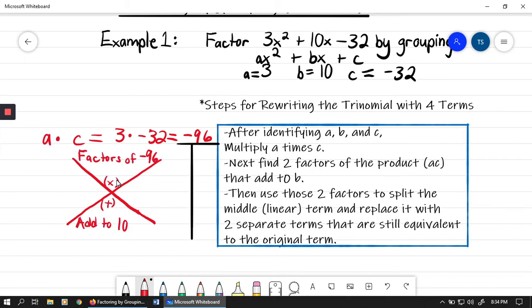So when we look at factors of negative 96, as of right now, I'm just going to write the absolute value of the numbers, and we'll consider the signs after we have the numbers written. 1 times 96, 2 times 48, 3 times 32, 4 times 24, 6 times 16, and 8 times 12.